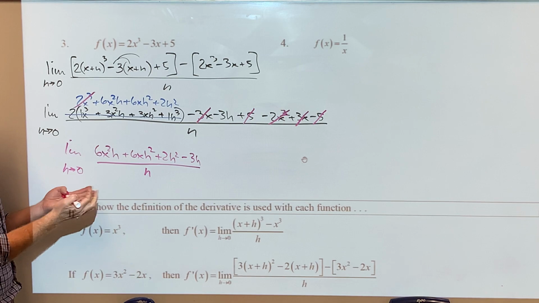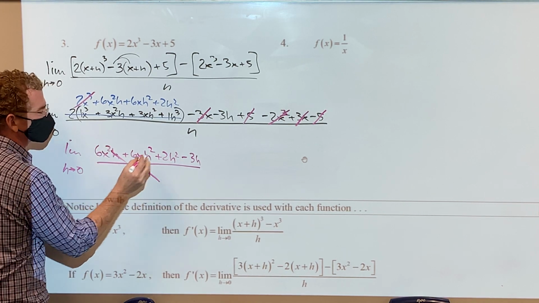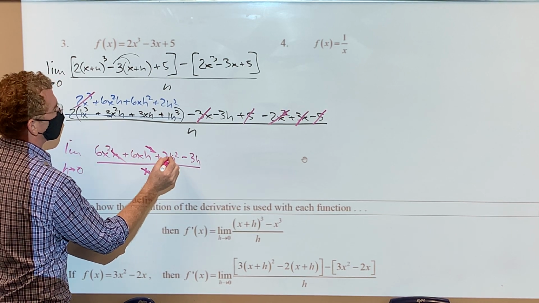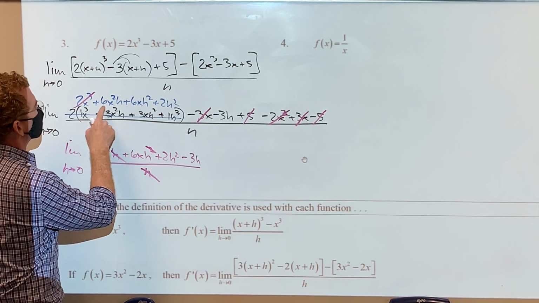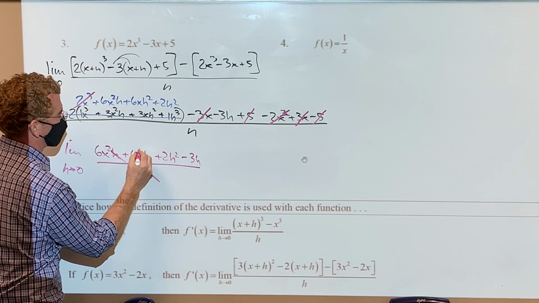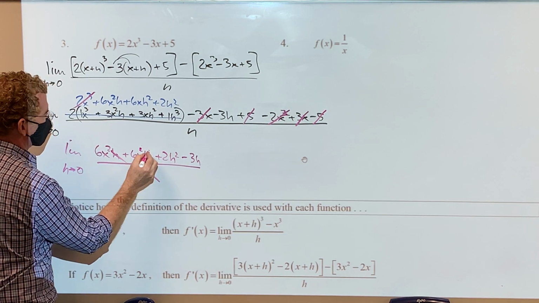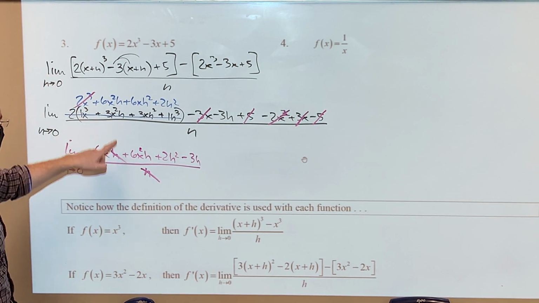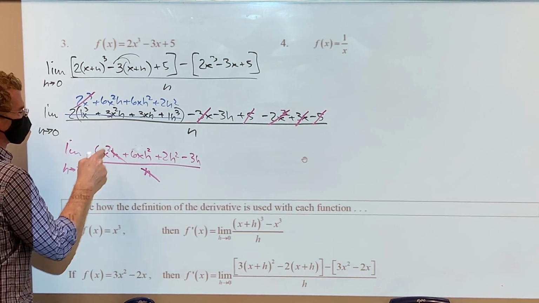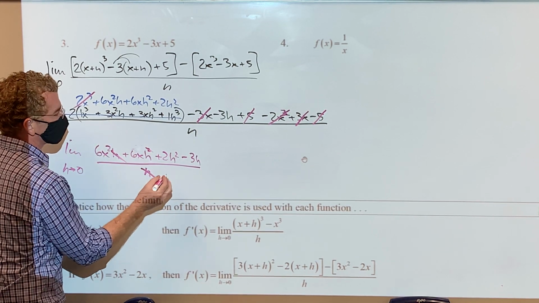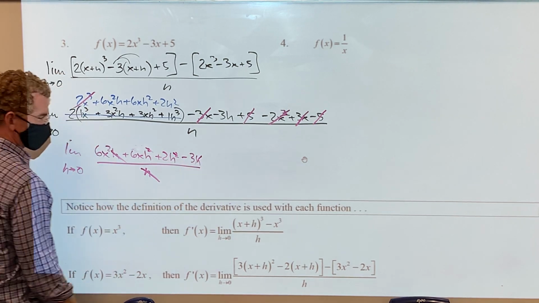So we're canceling out the 6x squared h, 6xh squared, and 2h cubed. Okay, so 1 h there, 1 h there, 1 h there, 1 h there.